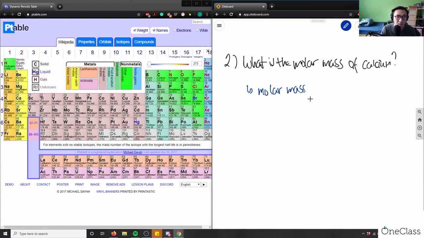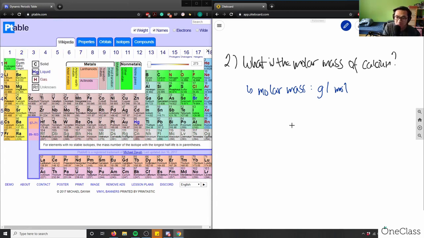It's basically saying how many grams per mole there are, so molar mass is measured in grams per mole. In one mole of calcium, how many grams would it weigh? In this case, it would be 40.07.